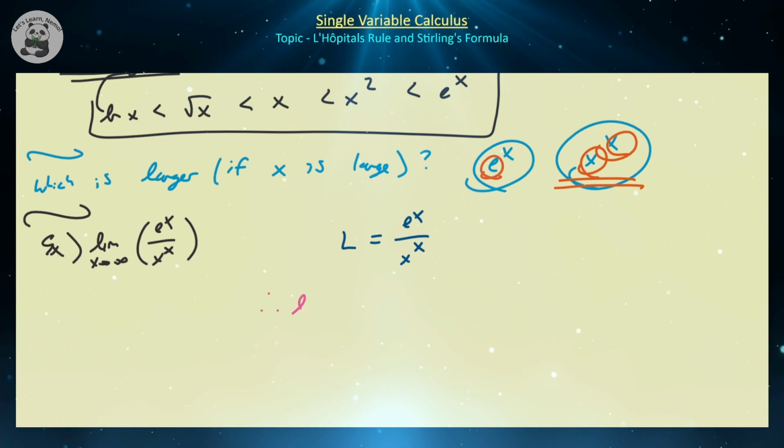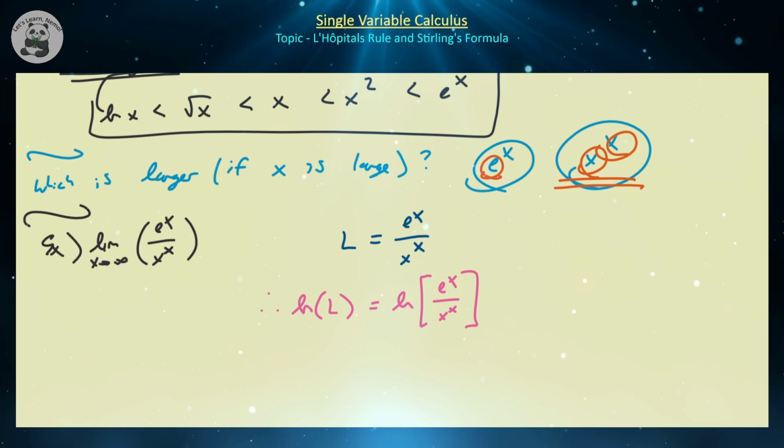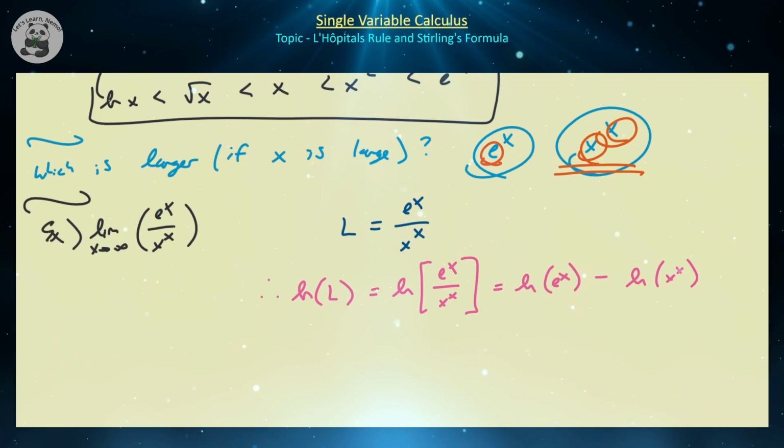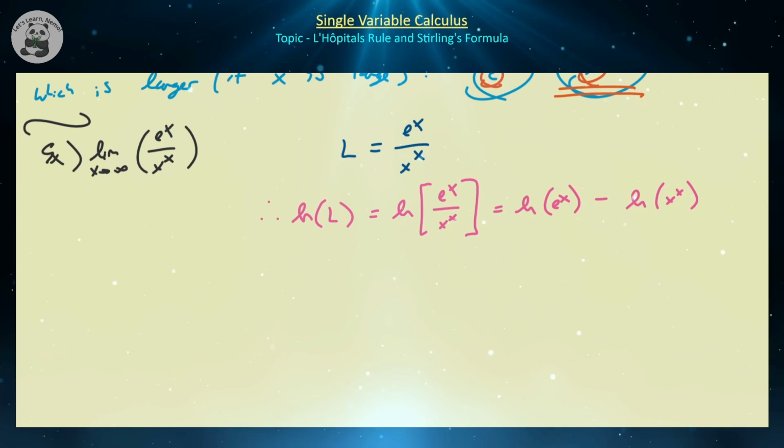So if I take the natural log of L, I'm going to have the natural log of this fraction, e to the x over x to the x, which I can break up into the natural log of the top minus the natural log of the bottom. That's just a property of natural logarithms in case you're curious.